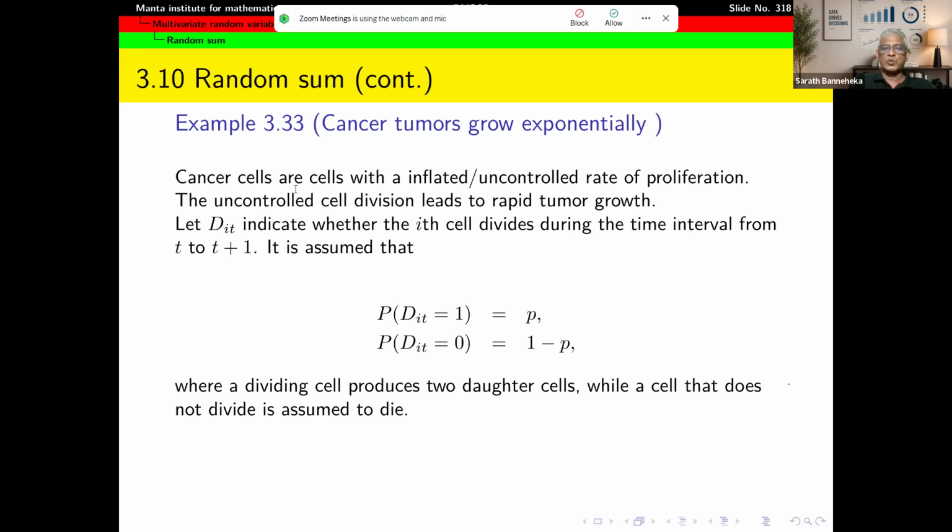So that cell becomes 2 now, and those are called daughter cells, while the cell that does not divide is assumed to die.